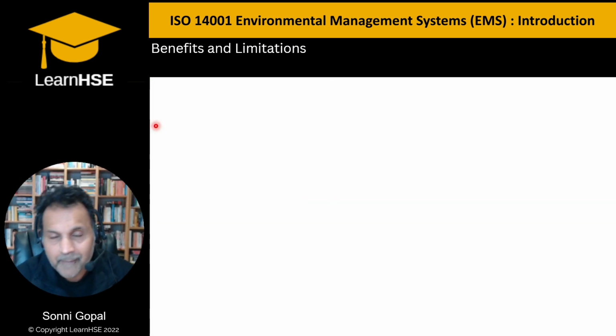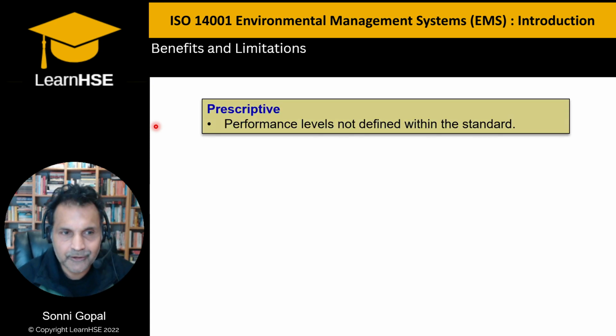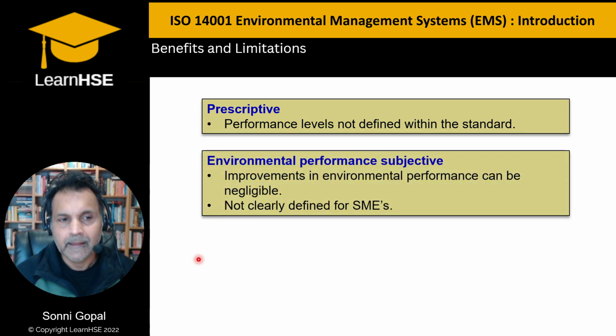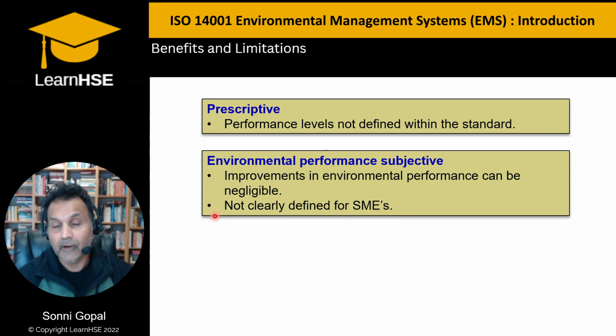We talked earlier about benefits. Here we're talking about limitations, and one of those limitations is that it is prescriptive in that performance levels aren't clearly defined within the standard. And the other thing is that the environmental performance is subjective. Improvements in the performance can be negligible and are not clearly defined for SMEs, small medium enterprises.